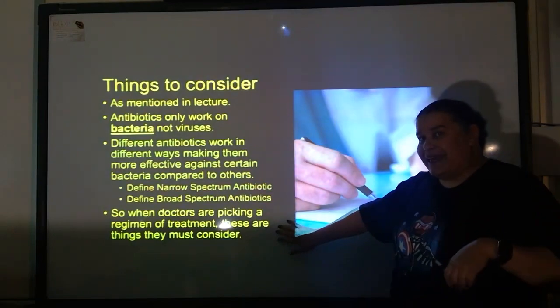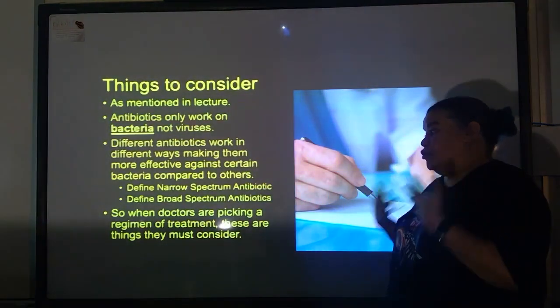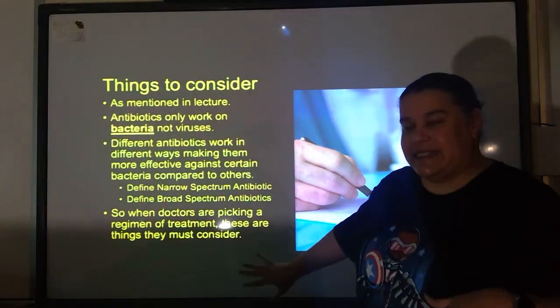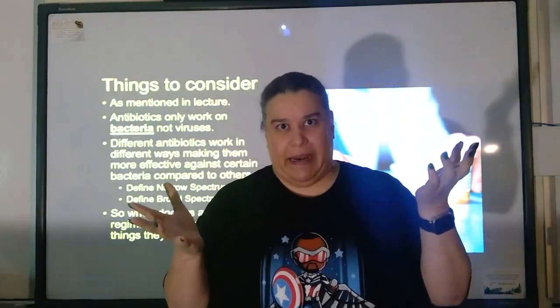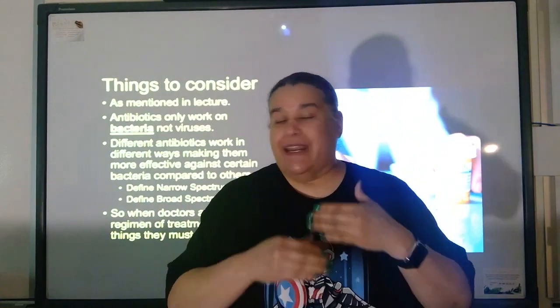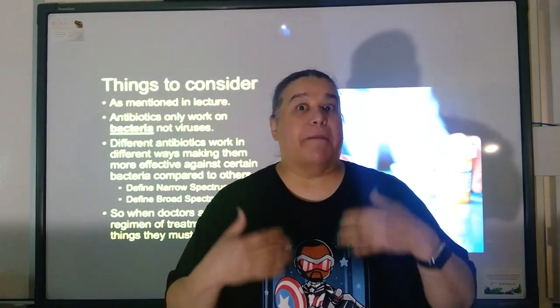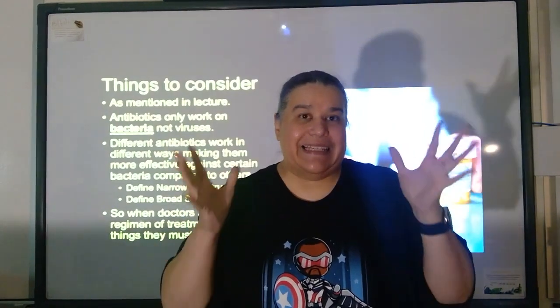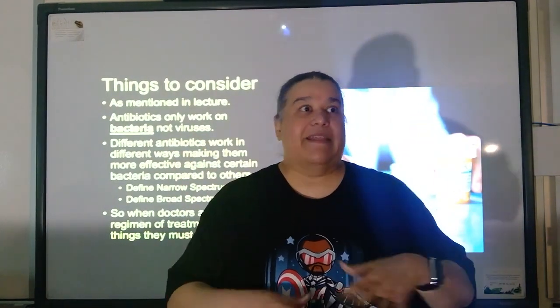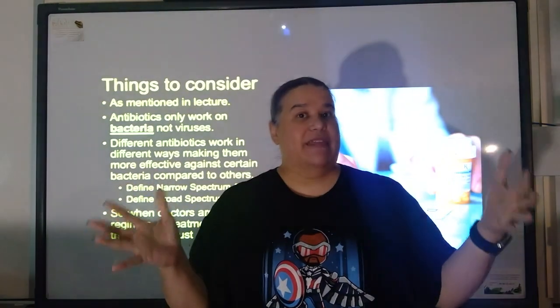When doctors are picking a regimen for treatment, these are things to consider. So for example, that broad spectrum antibiotic that I just made up, if I have a patient and I haven't figured out what they're sick from yet, I would put them on a broad spectrum antibiotic at least at the beginning, something that I know treats a wide variety of things.